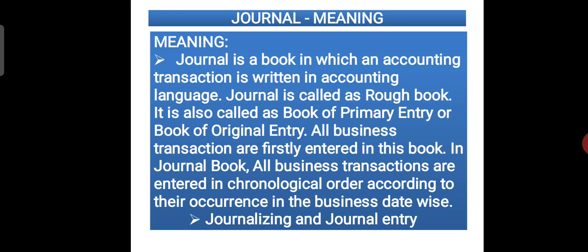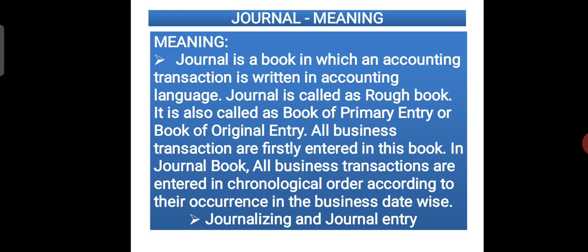Just answer my questions. What is journal? Journal is a book in which we are recording business transactions in accounting language or accounting terms. Yes, that's correct. So what is the other name of a journal?